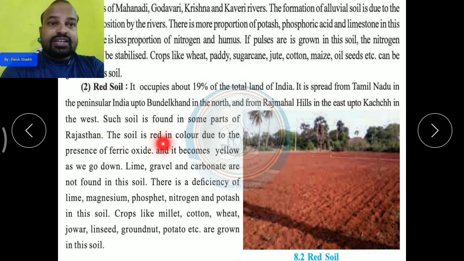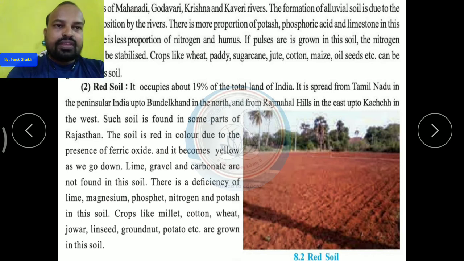The soil is red in color due to the presence of ferric oxide. So why is red soil red? Because of the ferric oxide present in the soil, and it becomes yellow as we go down from the west.